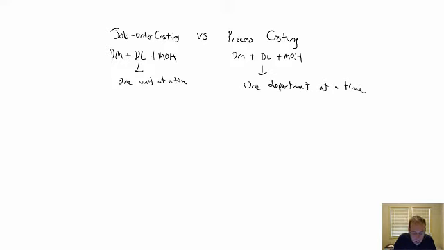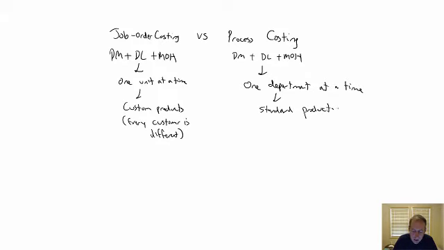So job order costing is better used for companies that have custom products, where every customer is different, even just a little bit different. Process costing is useful when you have a standard product and every customer is pretty much the same.